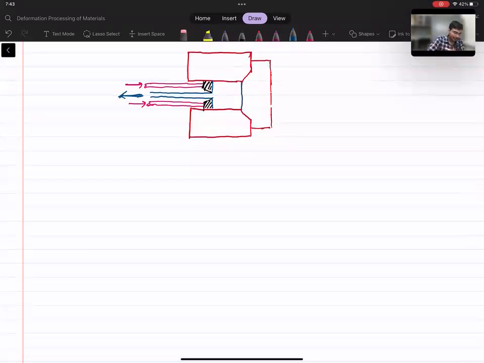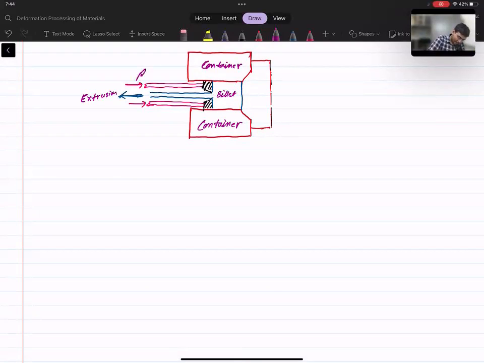Okay. So let me write the names here again. This was the container. Again, this is the container. This is the billet. This is extrusion.